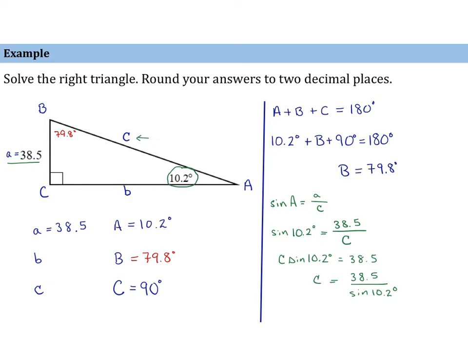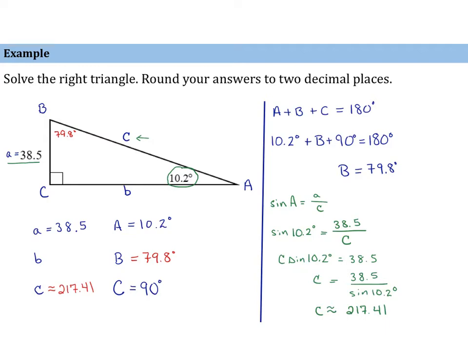If we use our calculator to evaluate that and round to 2 decimal places, make sure that you are in degree mode. That yields c is approximately 217.41. Let's fill out the chart.